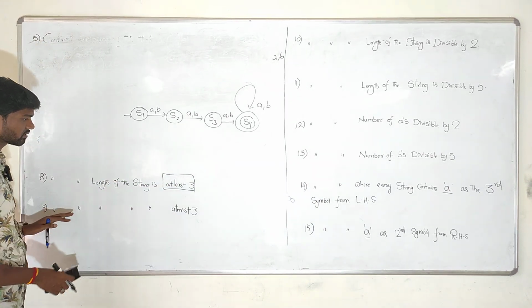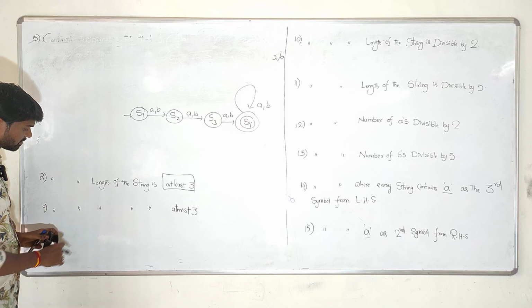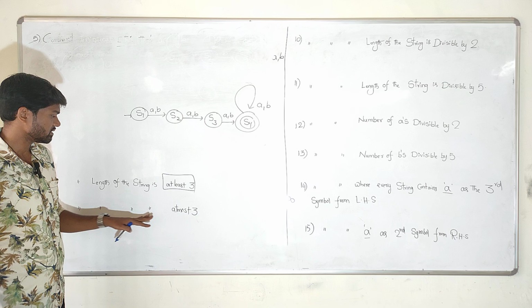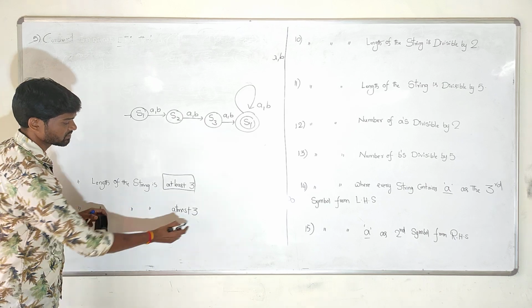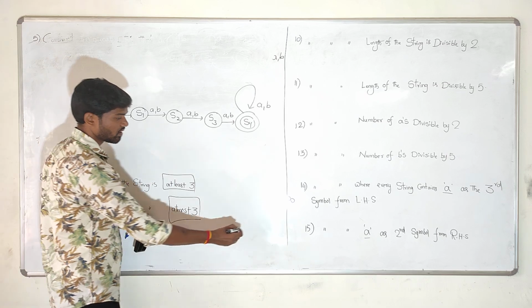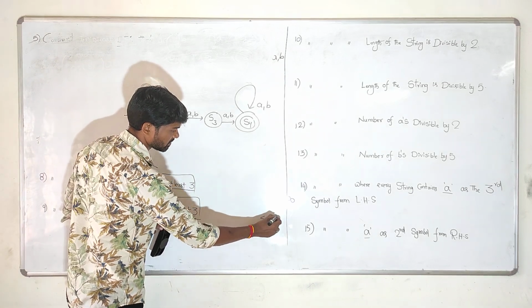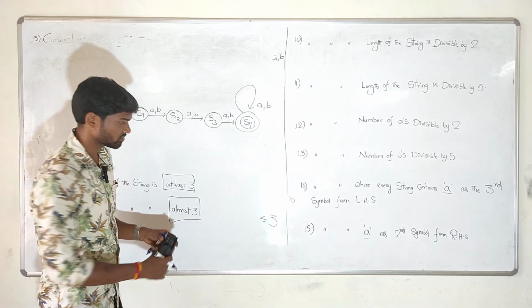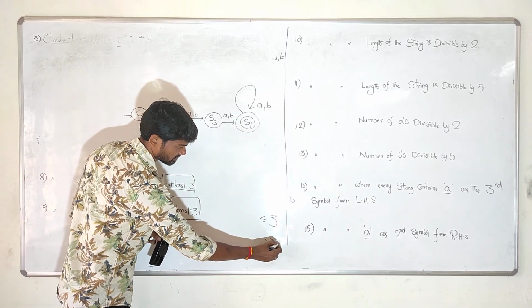Now coming to the 9th question, same: construct a minimal DFA that accepts all the strings of A's and B's where the length of the string is at most 3. At most 3 means you have to draw up to a maximum of 3 only. Greater than 3 is not accepted.